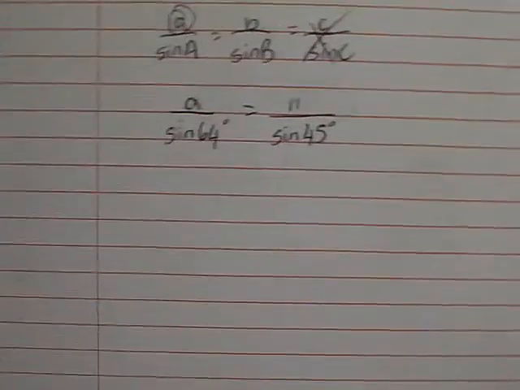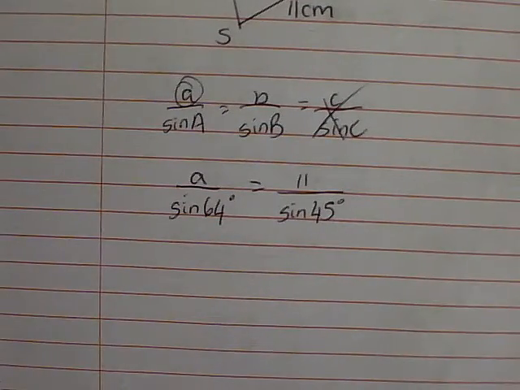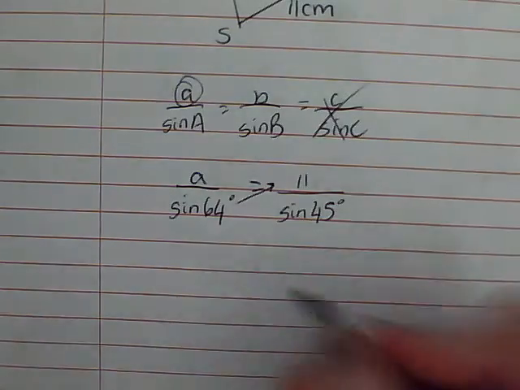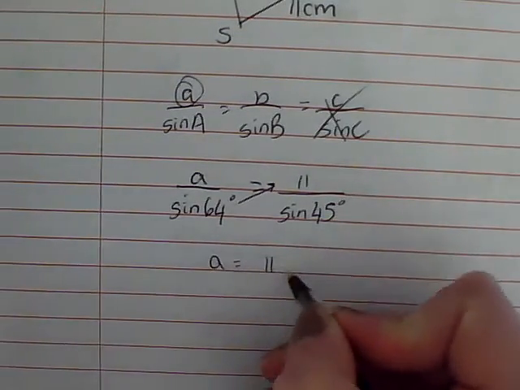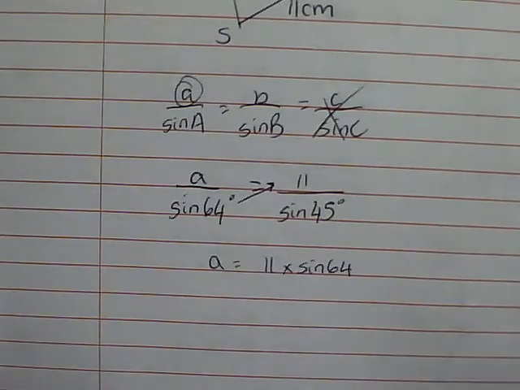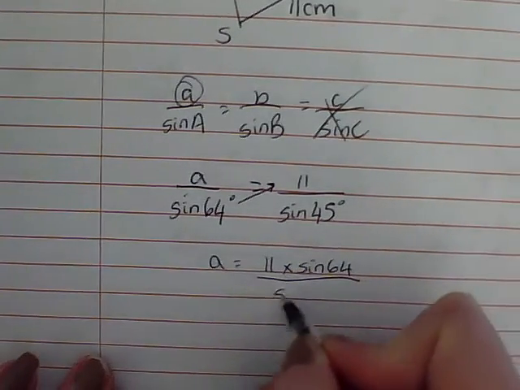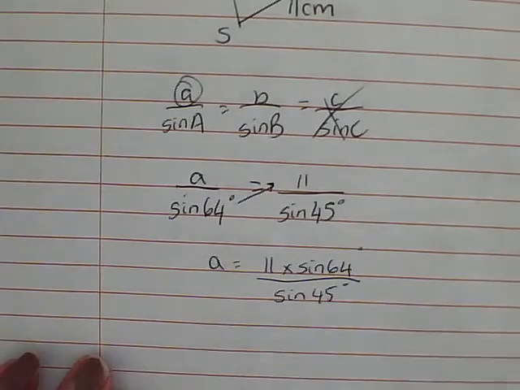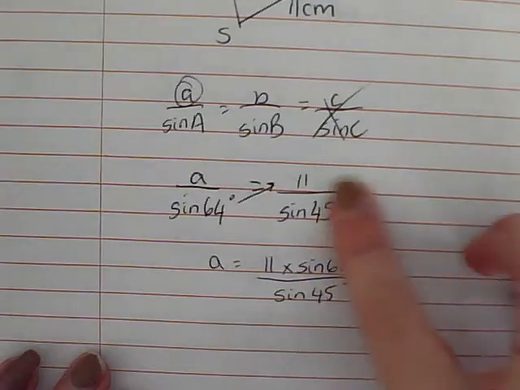There we are, and now we've got A divided by sine 64 on that left hand side, and I just want A by itself because I'm just trying to find the length. So we're going to take this sine 64 over. So A equals 11 multiplied by sine 64, or sine 64 multiplied by 11, it doesn't matter which way round, all over sine 45. Okay, you don't lose marks if you don't put the degree signs in.